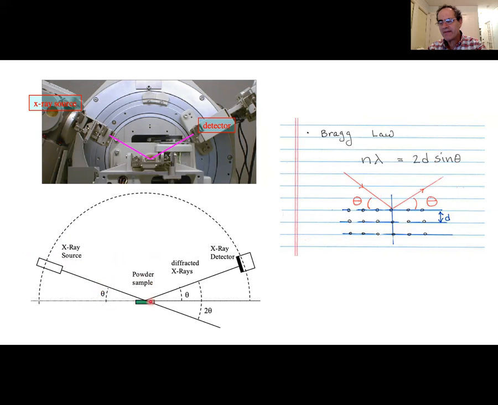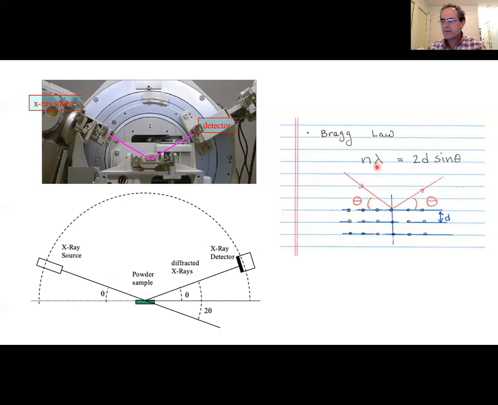And as we sweep out the angle, we look for diffracted X-rays. And what we expect is that we'll find diffracted X-rays anytime we satisfy Bragg's law, which is written here. n lambda equals 2d sine theta.